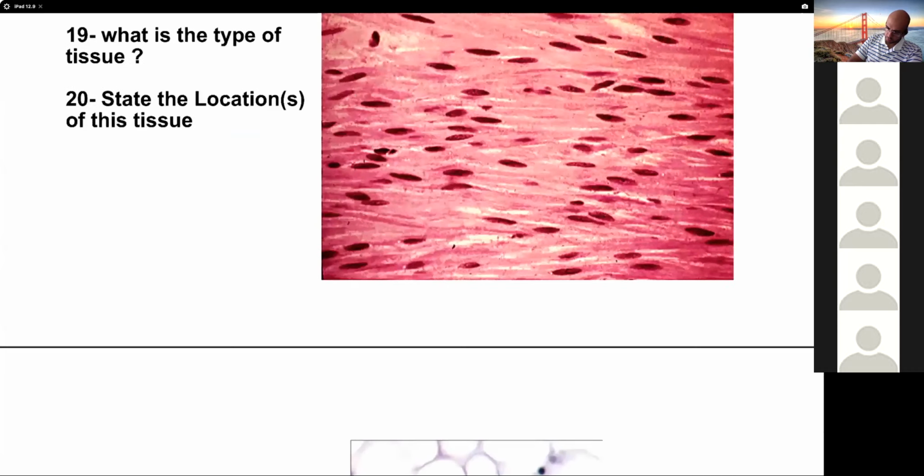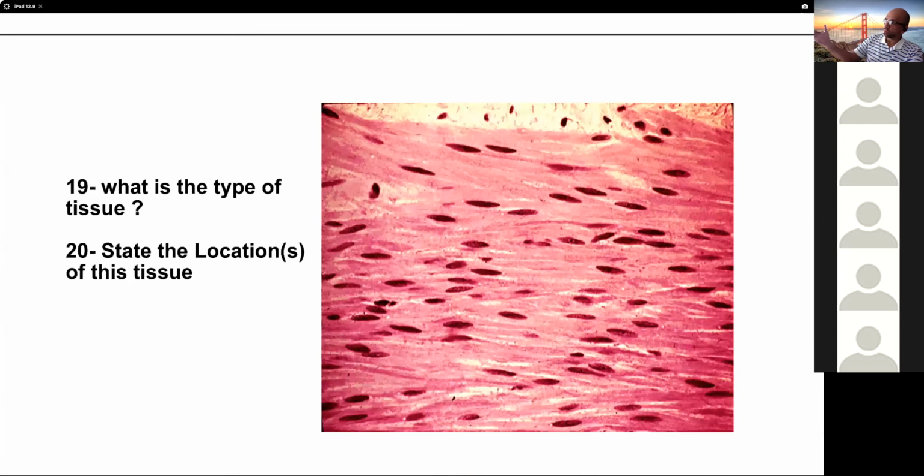All right. Moving on here, what kind of tissue can I see? Spindle-shaped cells, each cell with a single nucleus. I'm not striated, I'm mononucleated.